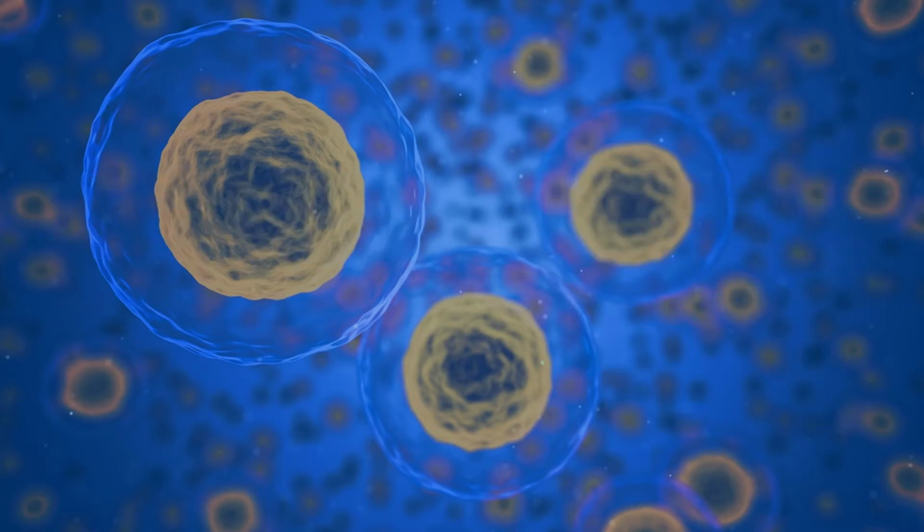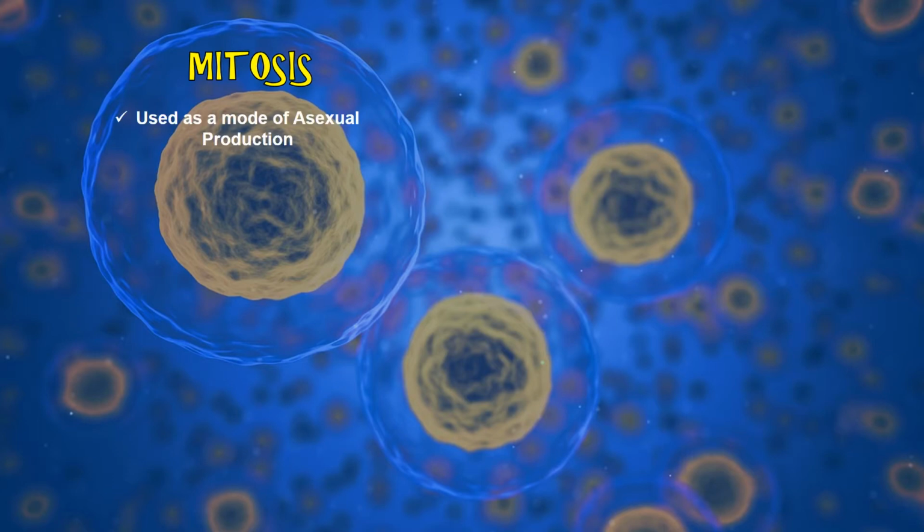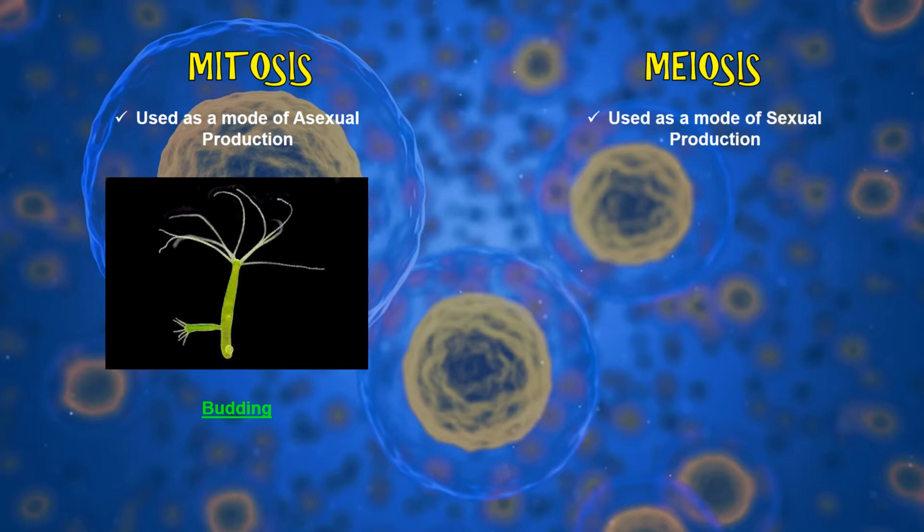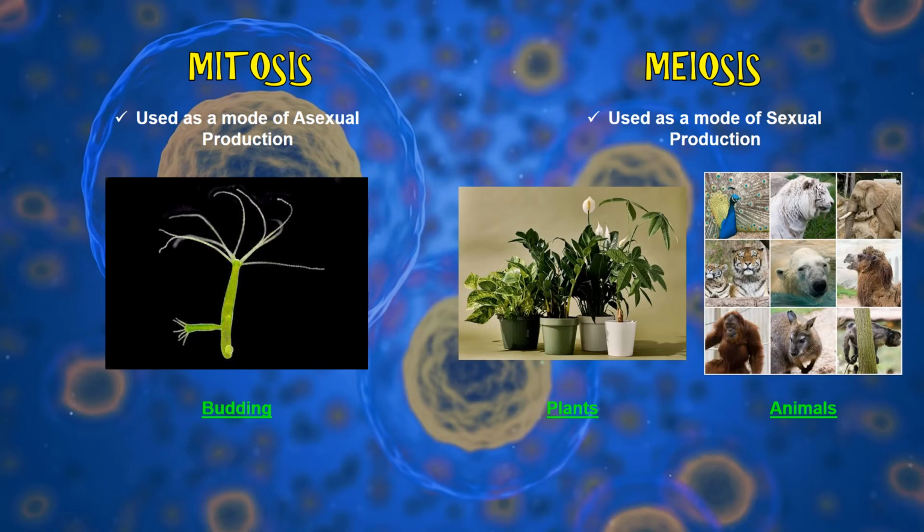Another difference is that mitosis is used as a mode of asexual reproduction in lower organisms, like budding, while meiosis helps in forming gametes used as a mode of sexual reproduction in plants and animals.